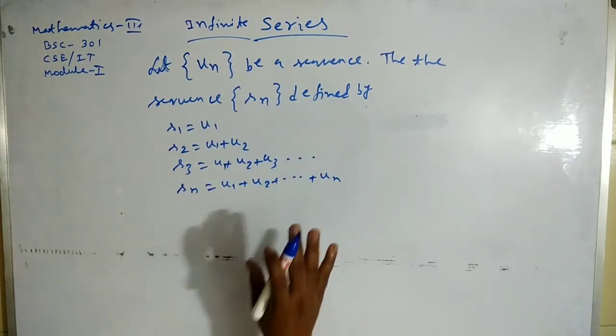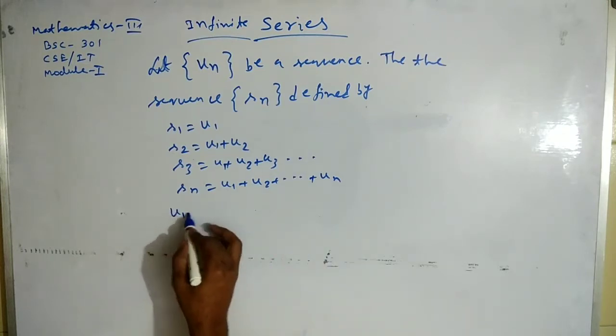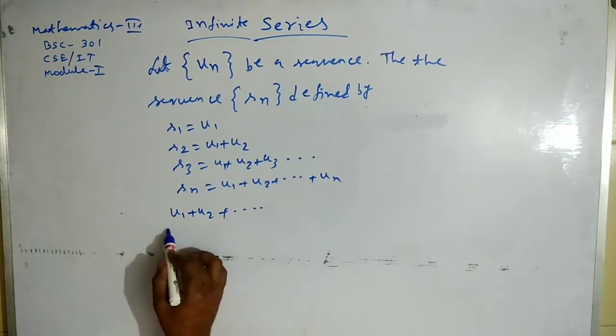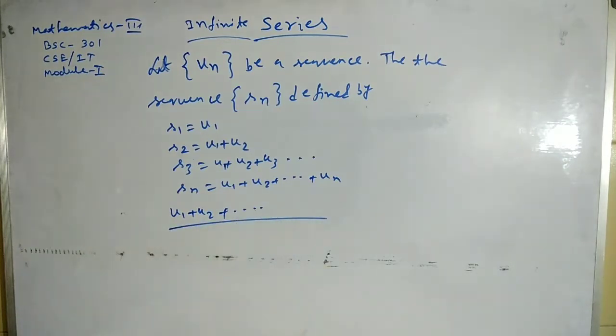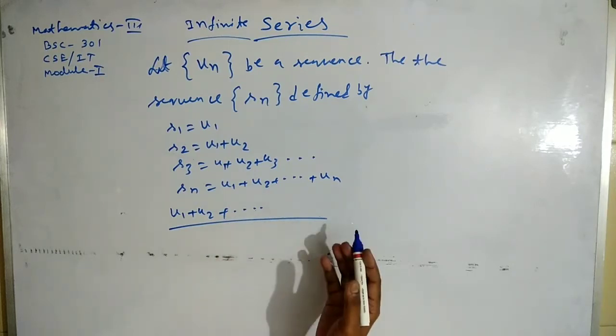Now it will be represented by the symbol U1 plus U2 plus ... So this is an infinite series. U1 plus U2 plus U3, this will continue infinitely.